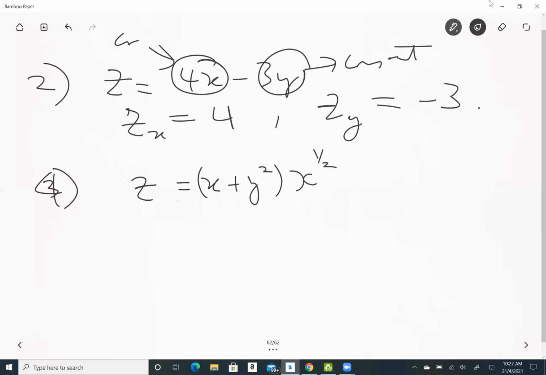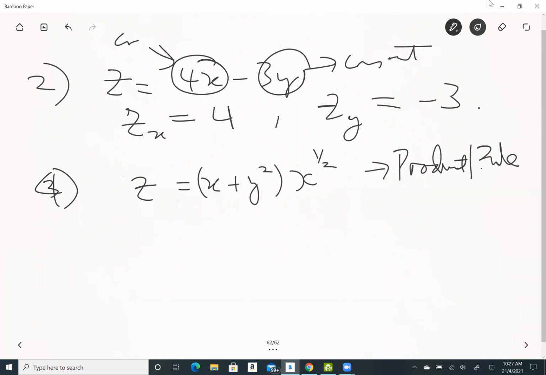Of course, you can multiply out directly. I think you can multiply out easier, but use the product rule. Or you can multiply out.